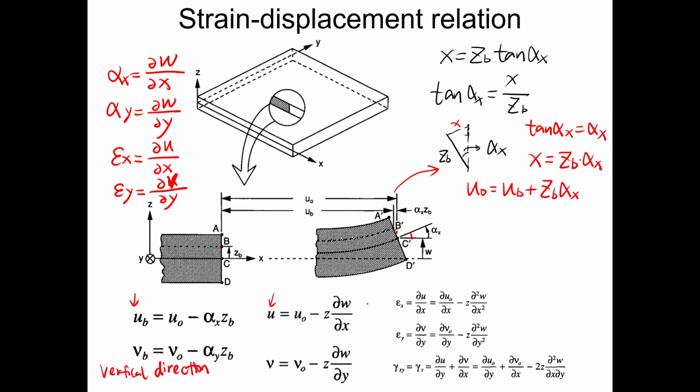And basically you do a derivative of your u against x. That's how you get this equation. And similarly, do a derivative against y, where you have these equations. And gamma xy essentially is delta u over delta y plus delta v over delta x, and you will get another equation.